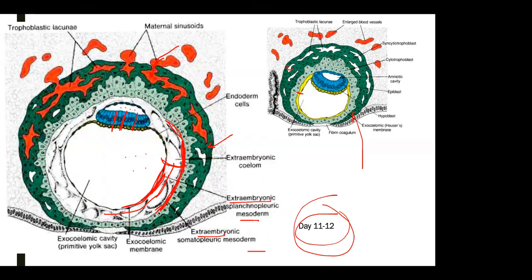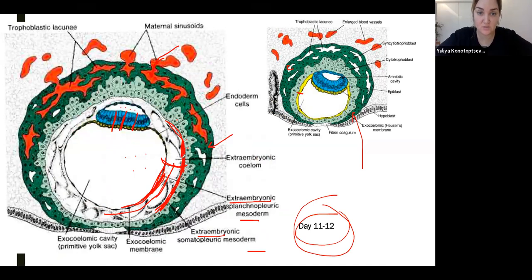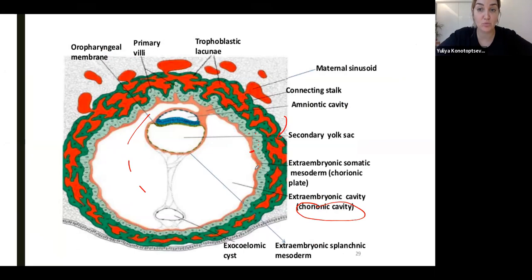Somatic mesoderm. Okay, so it's this part right here, the extraembryonic somatopleuric mesoderm. Together, syncytio, cyto, and somato are called the chorionic plate.